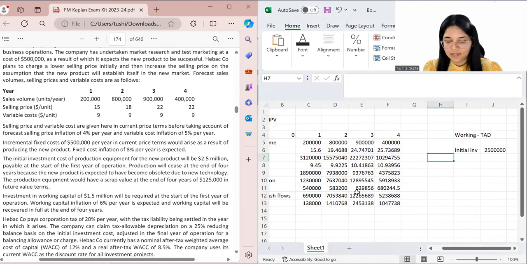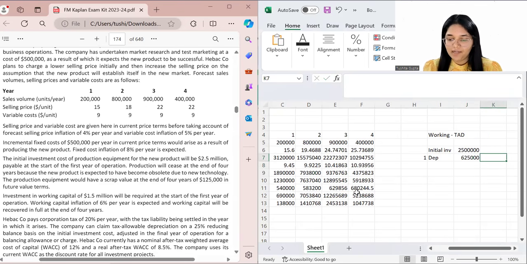So, for the first year, I have my depreciation, and this depreciation is at 25%. Now, this is my depreciation, and now the benefit is going to be at the rate of 20%, because that's the rate at which I pay my taxes.